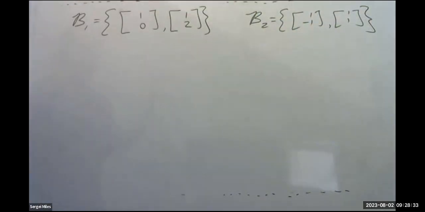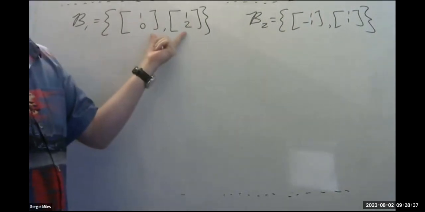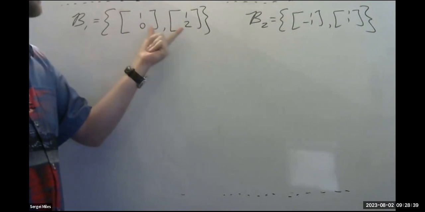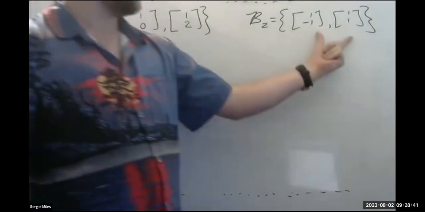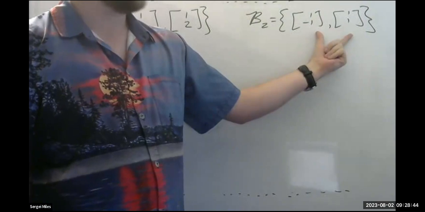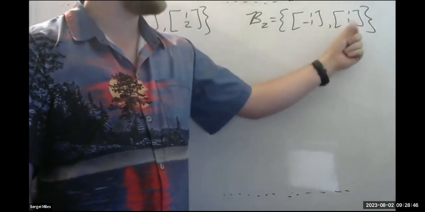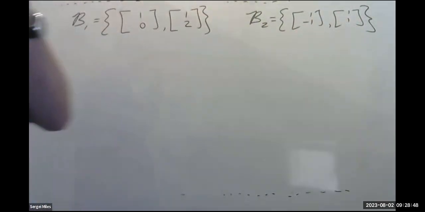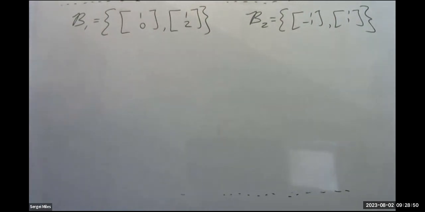And both of these are, in fact, a basis because they're linearly independent. They're not multiples of each other. I have 2 pivots, so this spans R2. These are both a basis for R2. Okay, great.